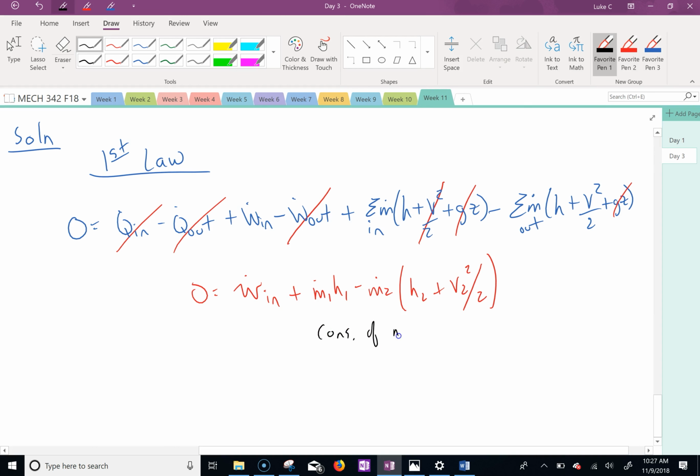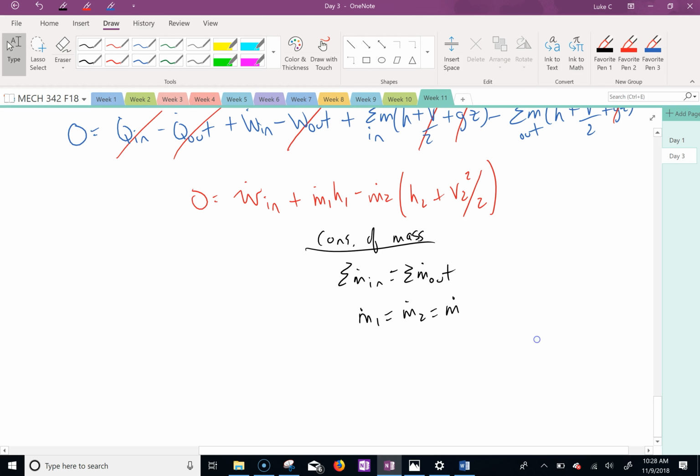Conservation of mass. In equals out. M dot 1 equals M dot 2. So that simplifies this. Work in plus m dot times H1 minus H2 minus V2 squared over 2.